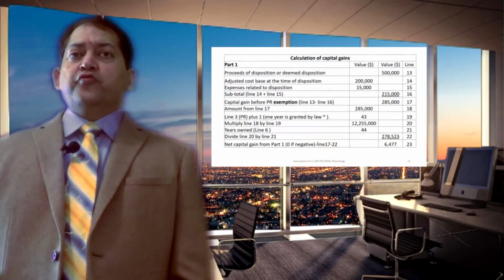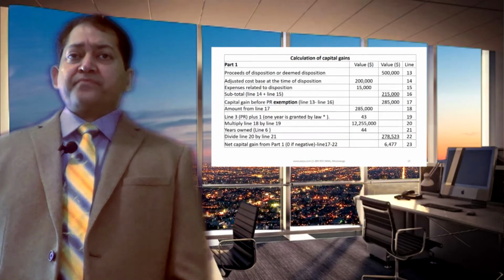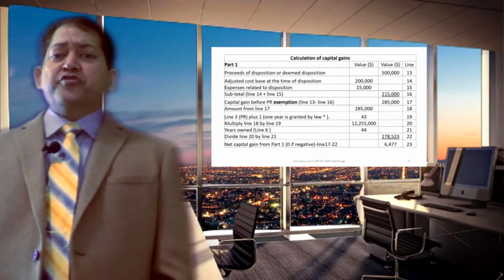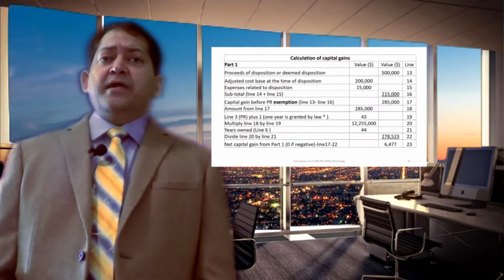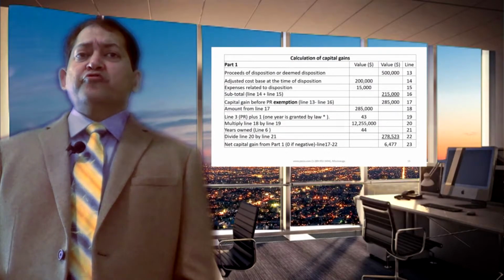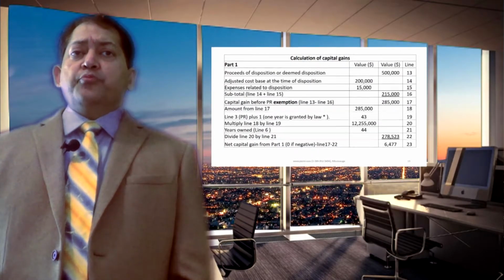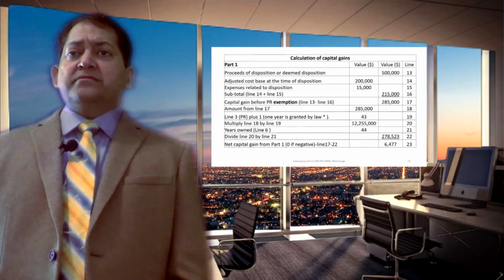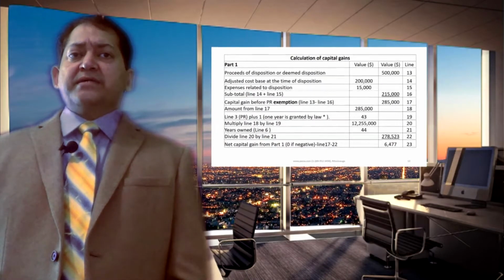Now, we move to part 1. It's regarding the calculation of capital gains that would be of interest to the majority of Canadians. And in this video, I'm going to explain only part 1. So, proceeds of disposition or deemed disposition, you have to mention on line 13, that is the 500,000 value in this case.